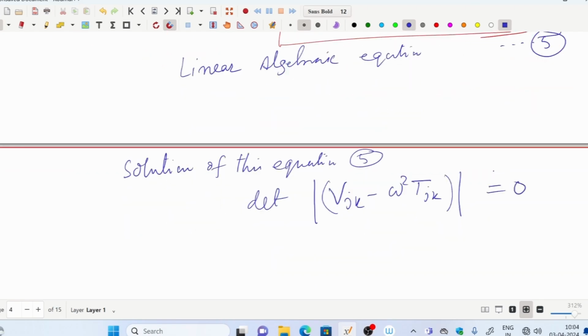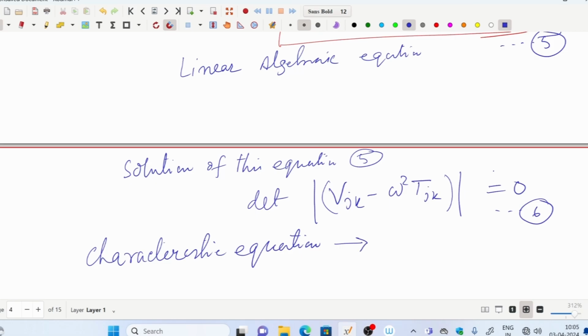That is the condition, which we denote as equation 6. This equation is called the characteristic equation or secular equation, and its solution will give you the values of omega squared, the values of the frequency of this oscillation.